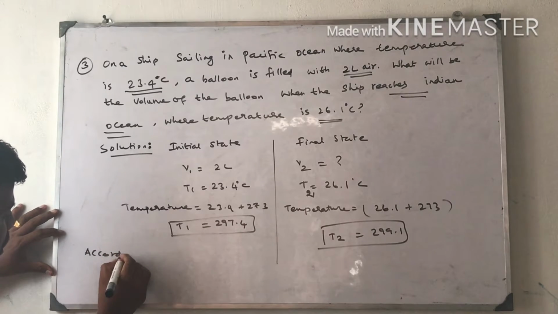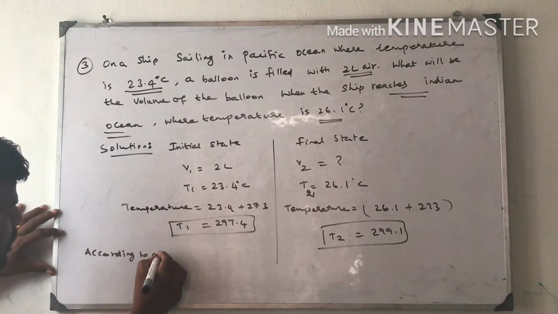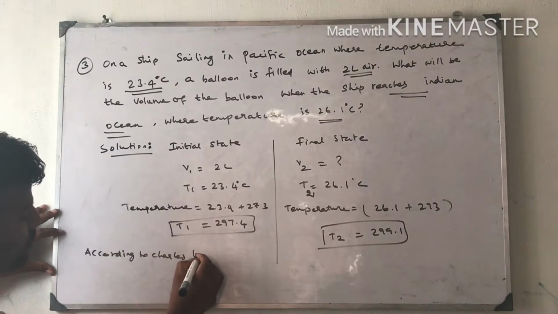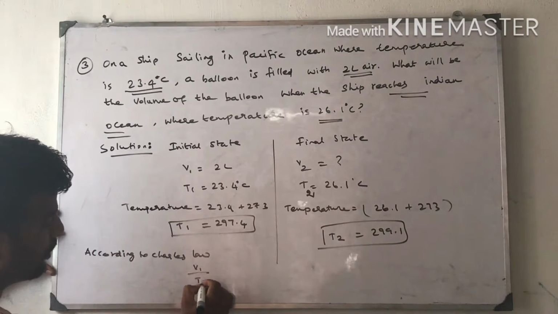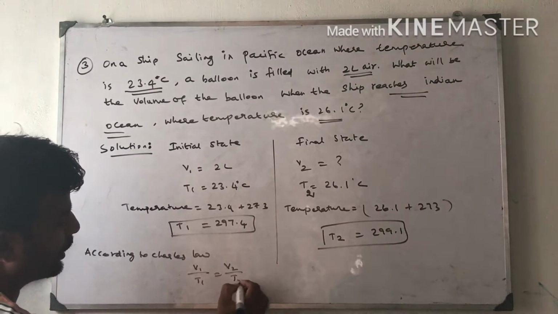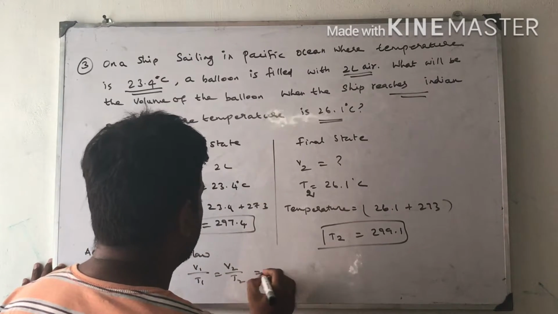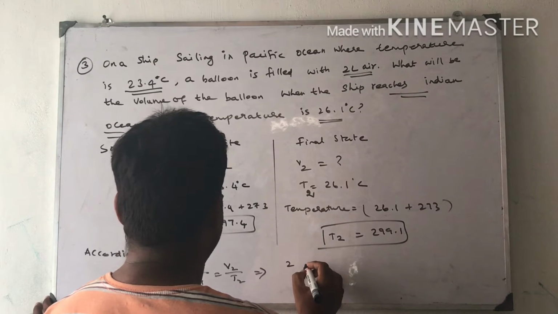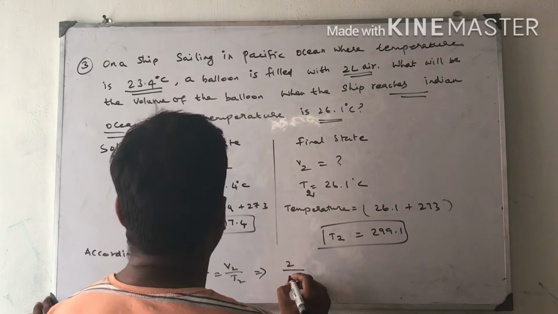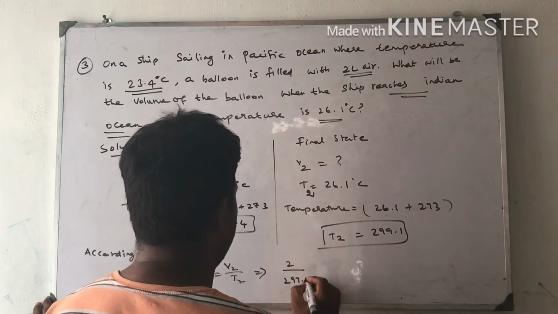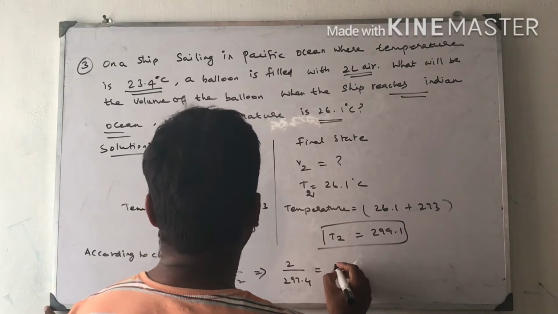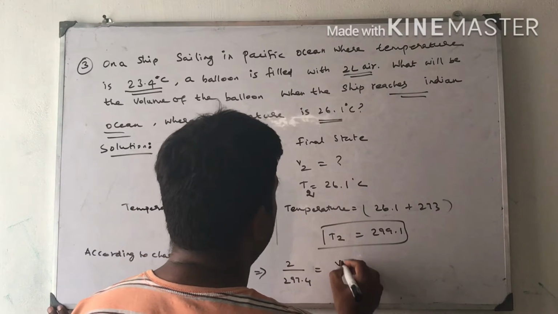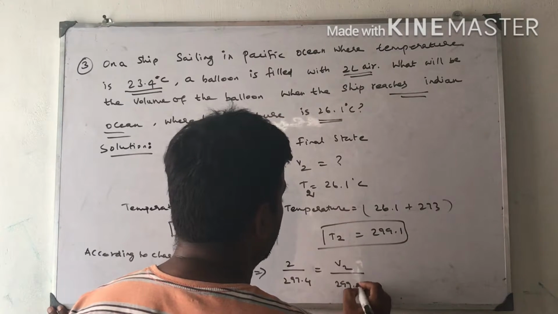According to Charles law, V1 by T1 is equal to V2 by T2. We have to substitute the values. V1 by T1, 297.4 equals V2, don't know, by T2, 299.1.